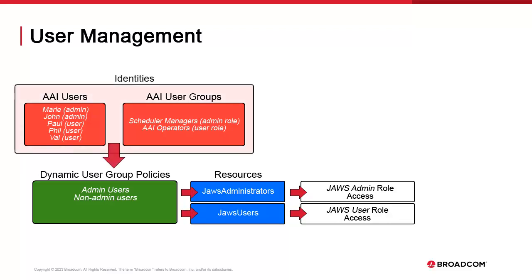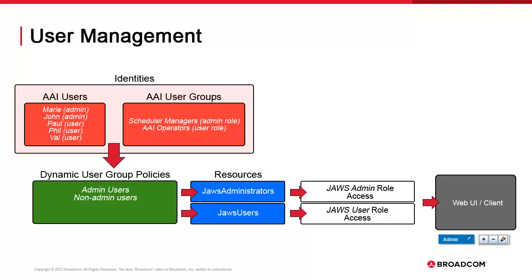Adding an eEM user to the admin dynamic user group policy will grant admin privileges in the web UI and the clients. Broadcom recommends leaving these policies alone, and you'll notice that the admin dynamic group policy is disabled by default. Instead, the recommended approach is to clone them for your own needs.